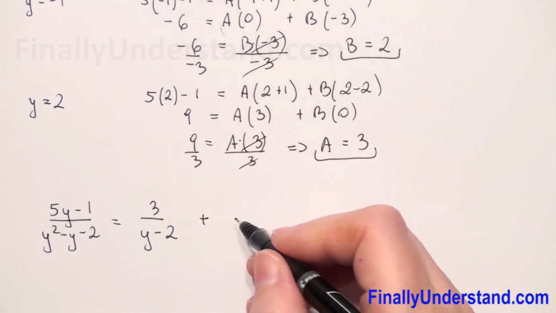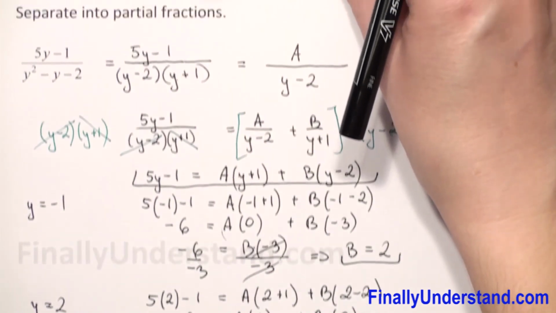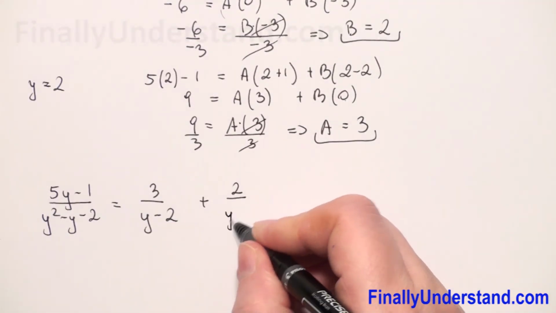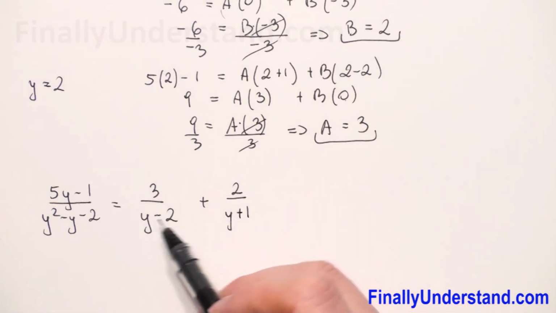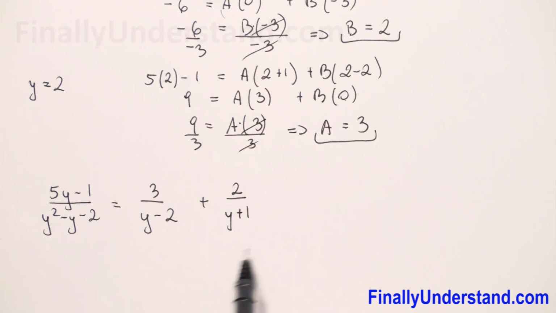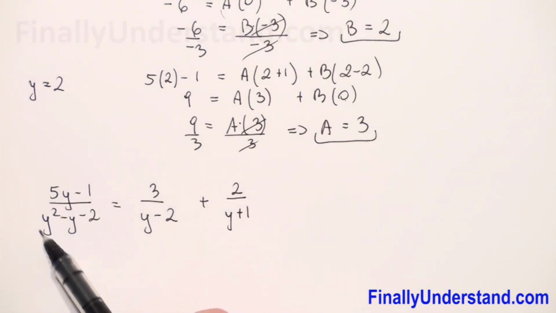Plus, and now b we substitute by 2, and with denominator we have to copy y plus 1. If you add these two partial fractions and you combine the like terms, you will get the same what we have on the left side. This is my solution.